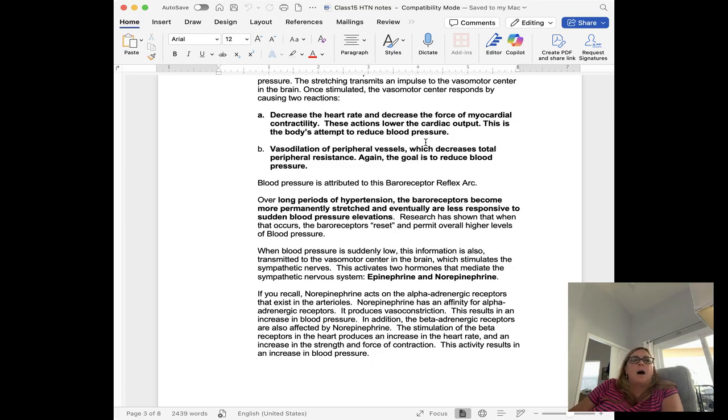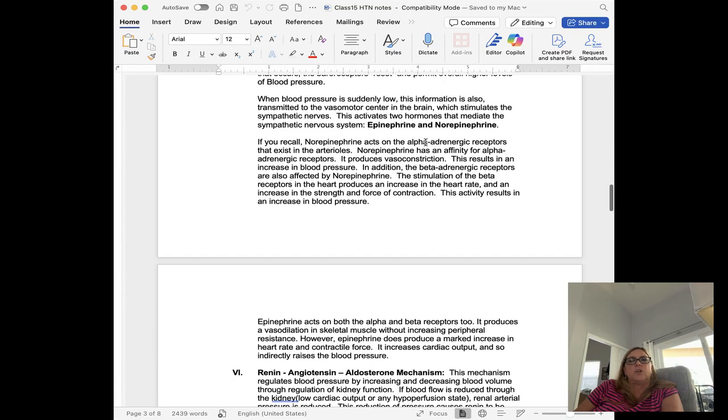In addition, the beta adrenergic receptors, remember your beta 1s, if I stimulate them with norepi, it's going to increase the heart rate, and then you'll get an increase in the strength and the force of contraction. And then this activity results in an increase in blood pressure.